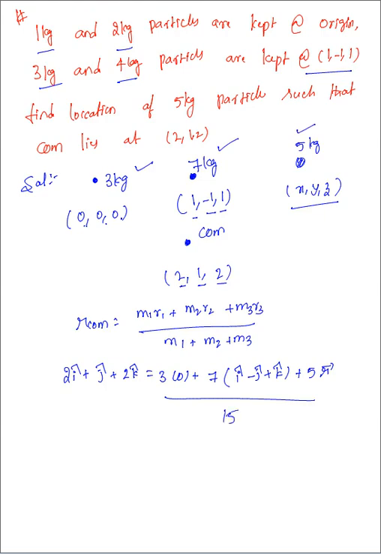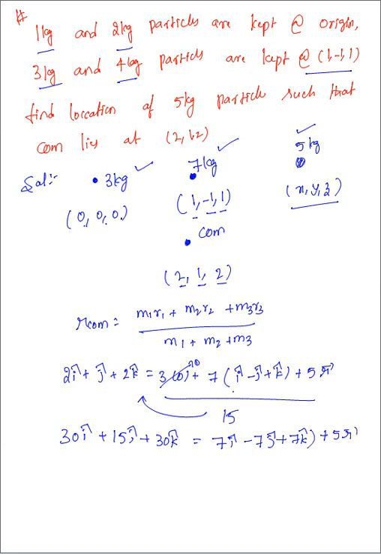Now switch this 15 to the LHS. 15 times 2 is 30, so 30 i cap plus 15 j cap plus 30 k cap equals 0 plus the open bracket: 7 i cap minus 7 j cap plus 7 k cap, plus 5 r vector.